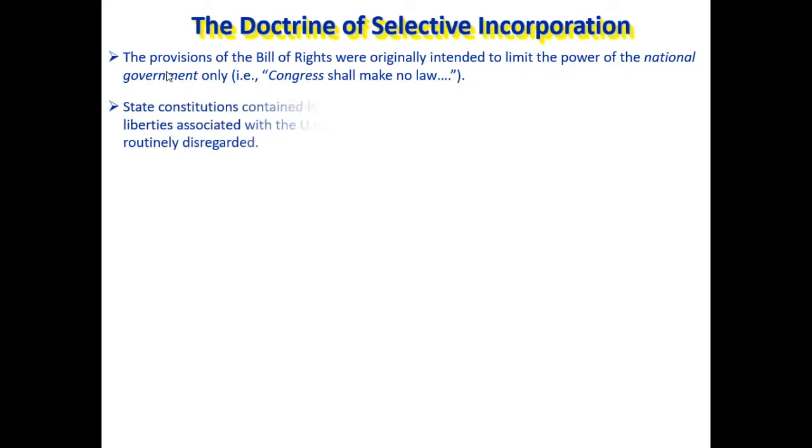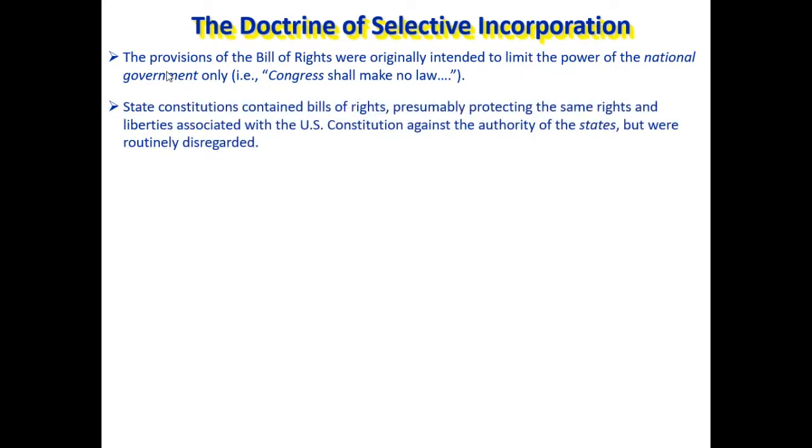Well, one may ask, given that, if my rights of free speech, free worship, and my right to be secure against unreasonable searches and seizures are protected against the authority of the national government by the Bill of Rights, what protects my right of free speech, or my right of free worship, or my right of privacy in my home against the authority of states?